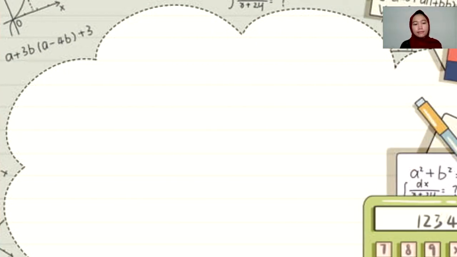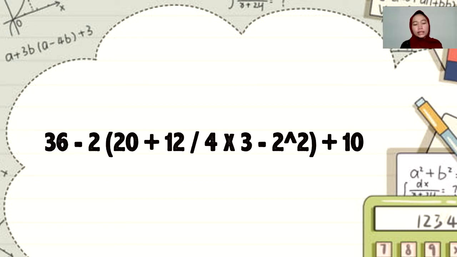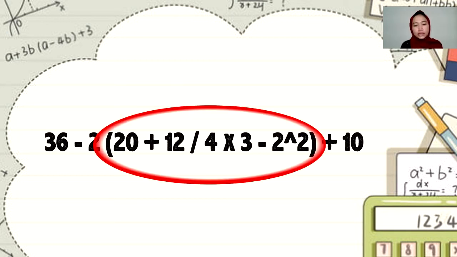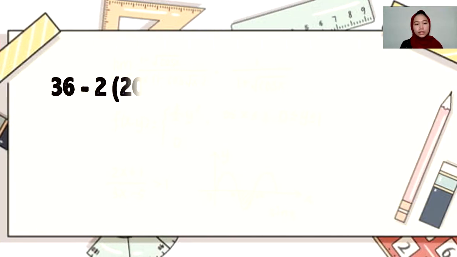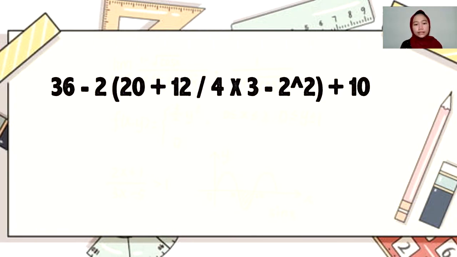For the next example, calculate the expression 36 minus 2 times quantity 20 plus 12 divided by 4 times 3 minus 2 squared plus 10. Since there is a grouping symbol, I must perform all calculations in the parentheses first. Using PEMDAS for any operations in that parenthesis, I square first the 2 and then I get 4.